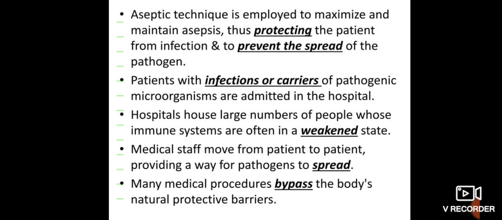Patients with infections or carriers of pathogenic microorganisms are admitted to the hospital, and the hospital houses a large number of people whose immune systems are often weakened. The medical staff moving from patient to patient provide a way for pathogens to spread, and many medical procedures bypass the body's natural protective barriers.